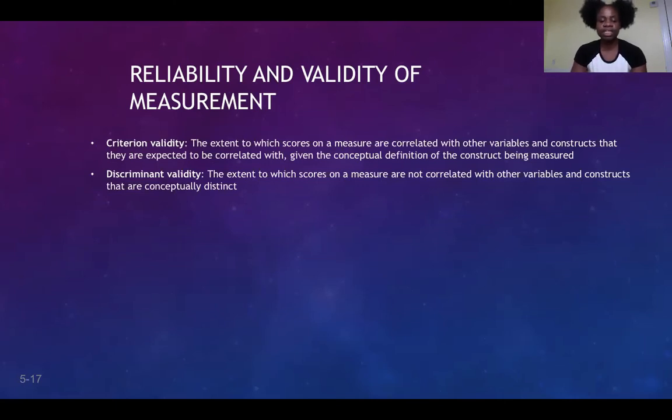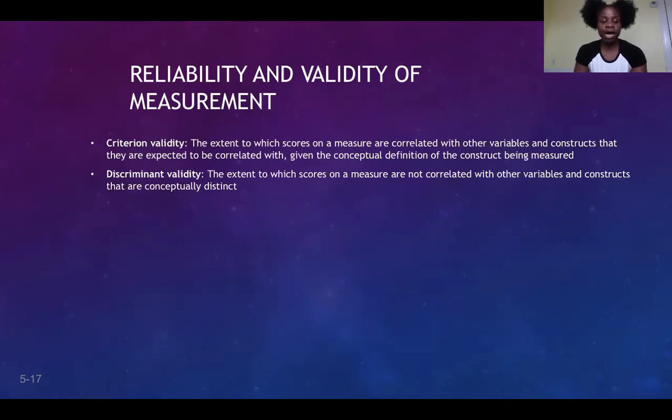Validity, which is the other distinct criterion, is the extent to which the scores actually represent the variable that they're intended to. Validity is a judgment based on various types of evidence. The relevant evidence includes the measure's reliability, whether it covers the construct of interest, and whether the scores it produces are correlated with other variables they are expected to be correlated with, and not correlated with variables that are conceptually distinct.